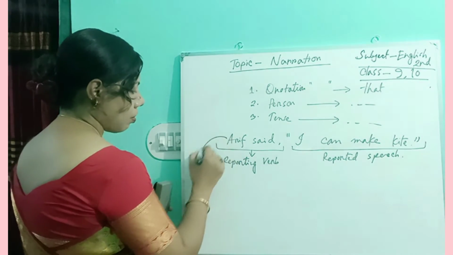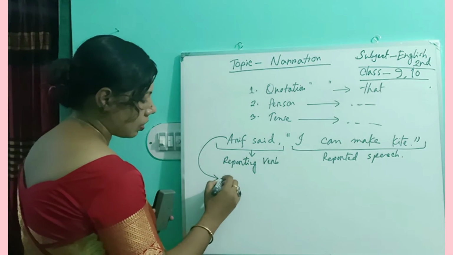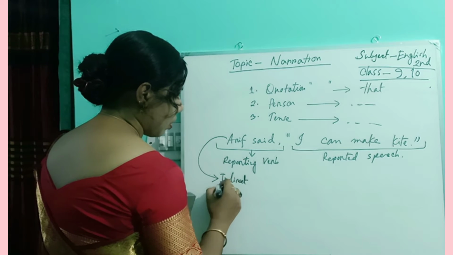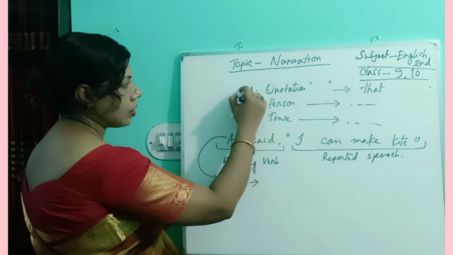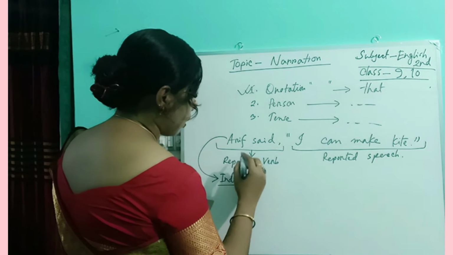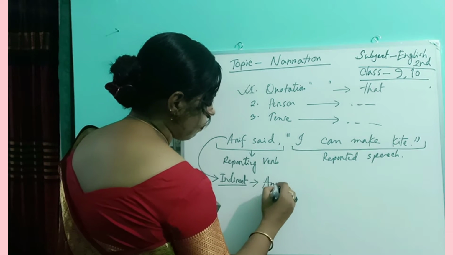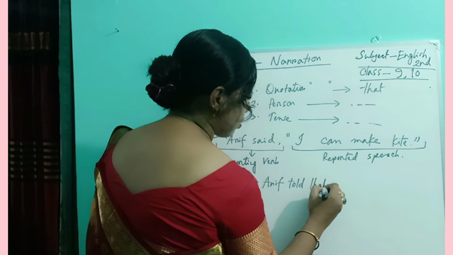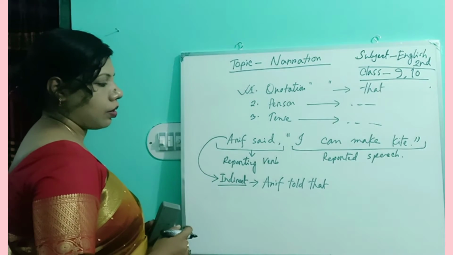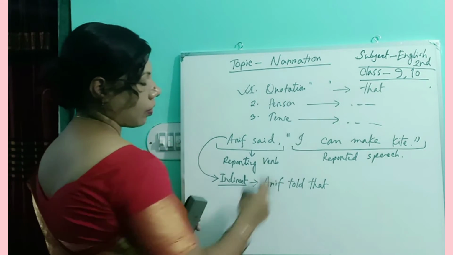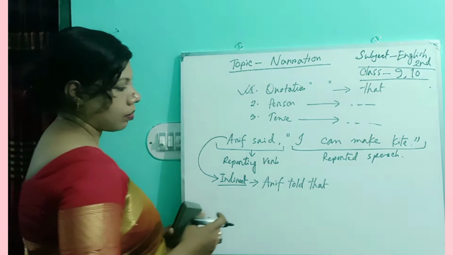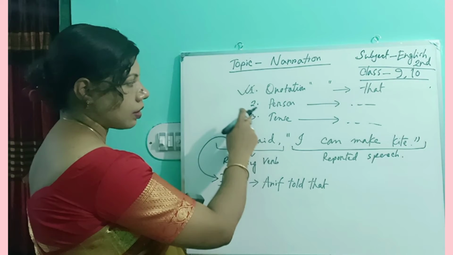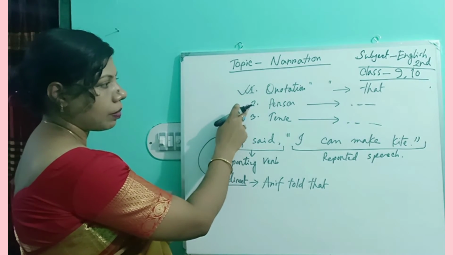Now we will convert it into an indirect sentence. At first we change the quotation. That means Arif told that. We put "that" here for the quotation. Then the person: "I" here, the person will be changed.